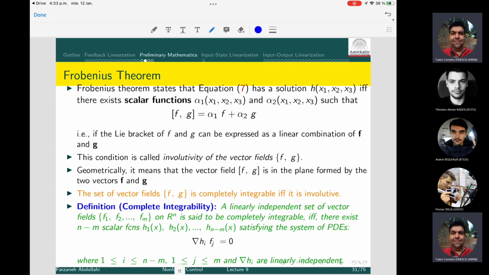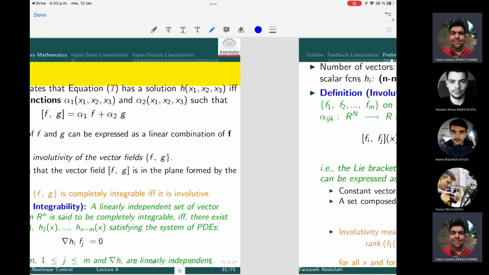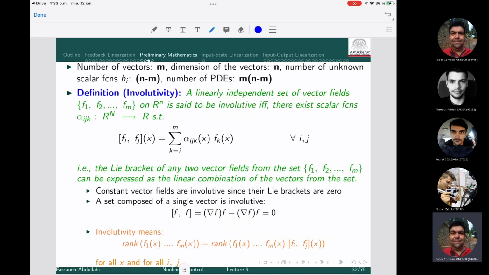A linearly independent set of vector fields is said to be completely integrable if and only if there exist n minus m scalar functions satisfying this system of PDEs. So it's very useful. Number of vectors m, dimension of the vector n, and the number of PDEs is m times n minus m.